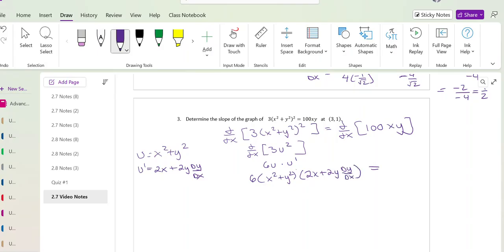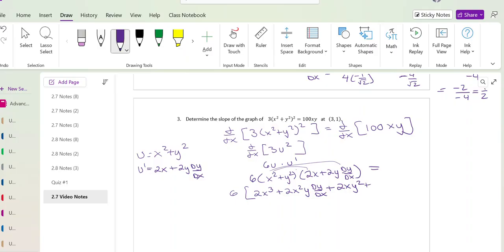Okay. So here we'll FOIL this out. So here I'm going to FOIL it this way first. I'll multiply by 6 at the end. So you get 2x to the third, and then plus 2x squared y dy dx. And then here you get plus 2xy squared.